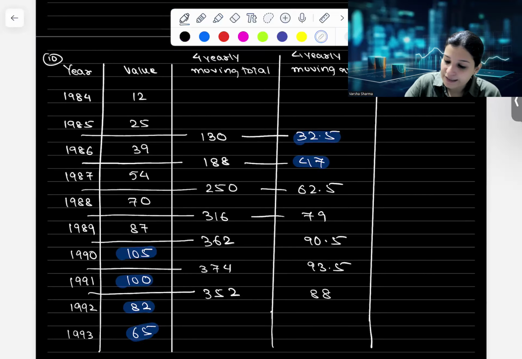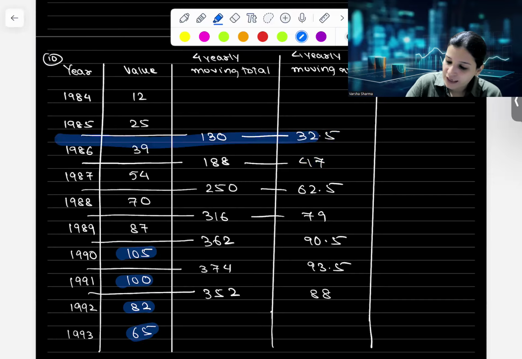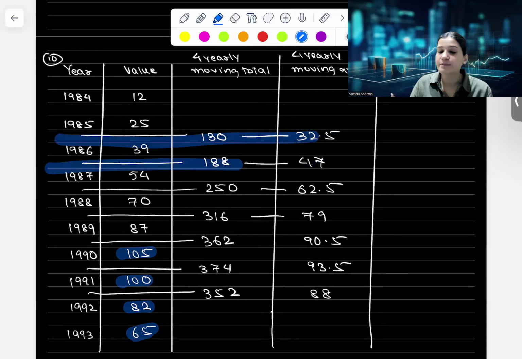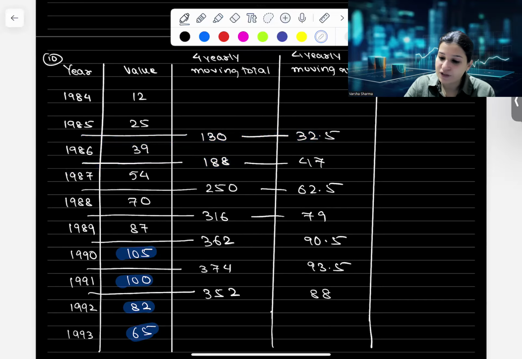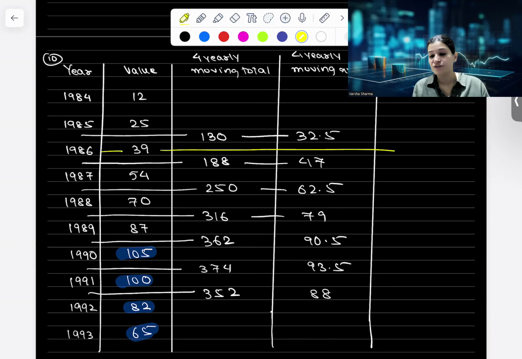See, this value and this value, the year in between them is 1986. So whatever average we get will be written for 1986. 39.75.